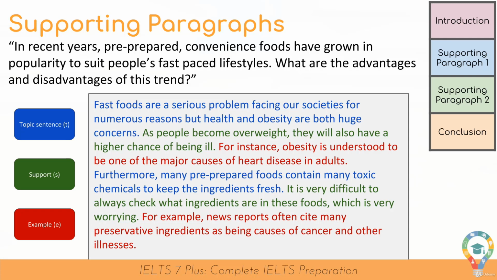So I've highlighted the topic sentences in blue, the support sentences in green, and the example sentences in red. I do suggest having 2 of each of the sentence types in each of your paragraphs. That way, you'll fully explore your ideas and answer the question in full.